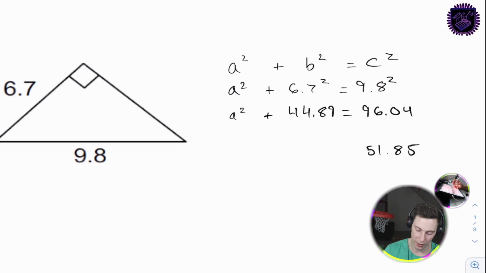So what I did there was subtract 44.89 from both sides. On this side, it gets rid of it, isolating my A squared variable.